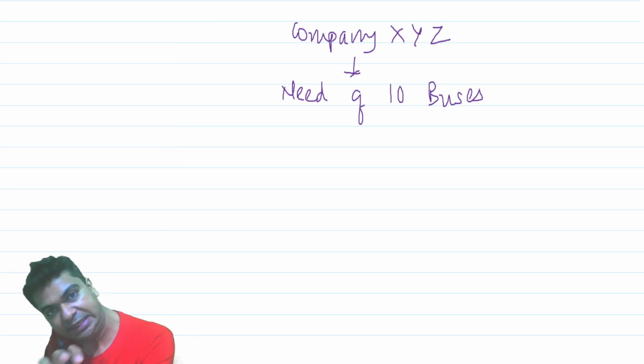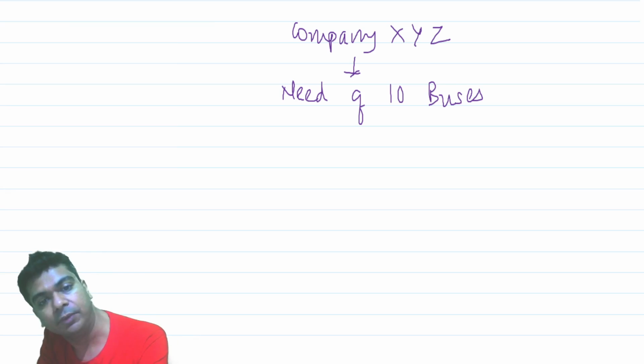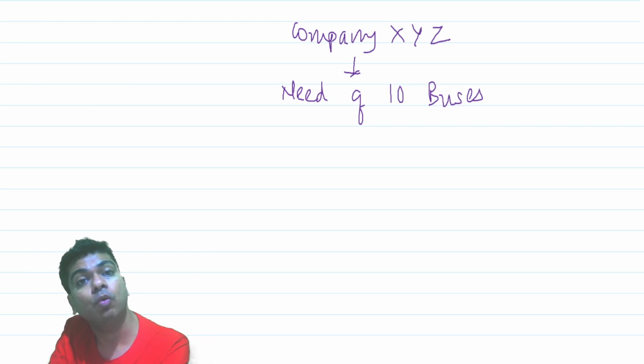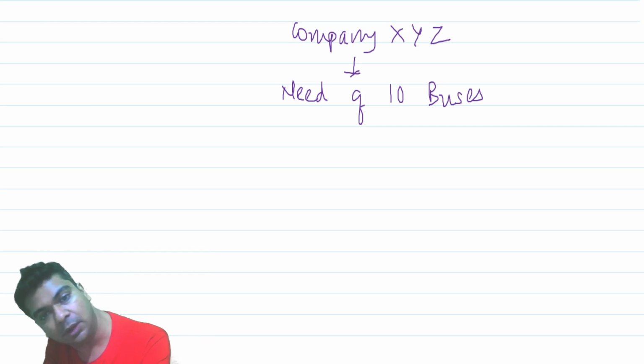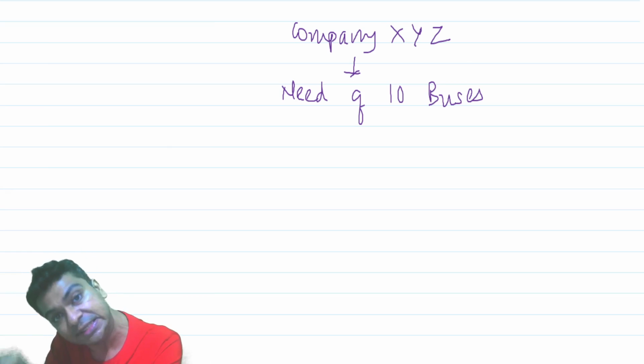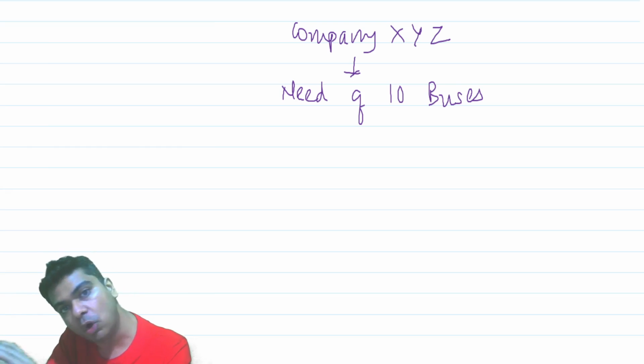So for this, it needs 10 buses. It had made some calculation and feels that 10 buses are required for this particular purpose. However, XYZ does not want to buy these 10 buses. It is not the business of XYZ. It only wants a bus service. It is not interested in the bus itself. It wants the service, and that is the reason it wants to take these buses on lease.